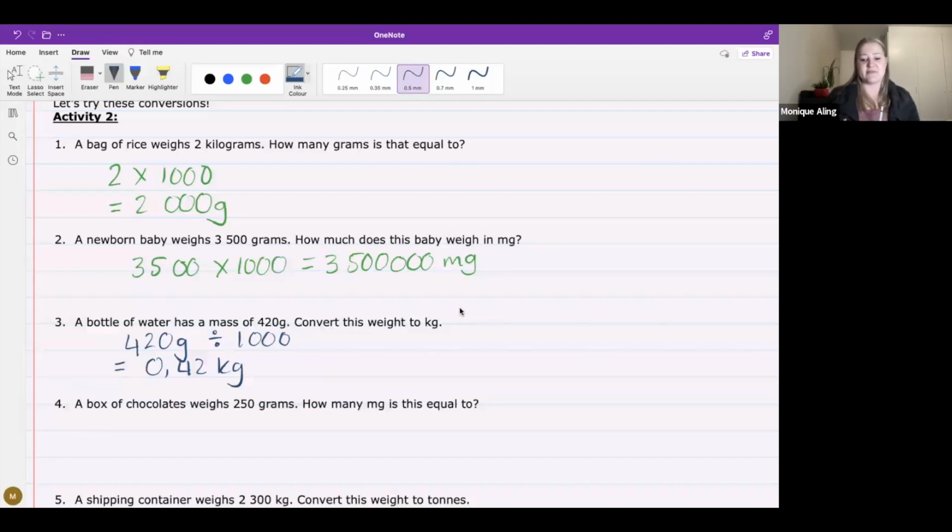How many milligrams is this equal to? I said it equals 250,000 milligrams. Okay, perfect. So you said 250 times by 1,000. You get an answer of 250,000 milligrams. Well done. Thanks, Ben.